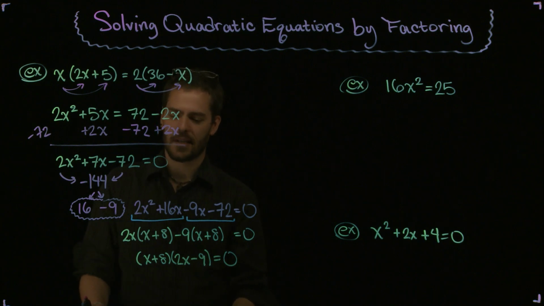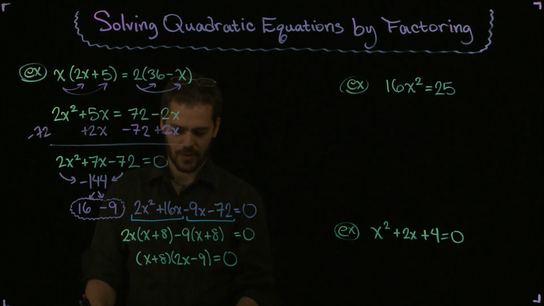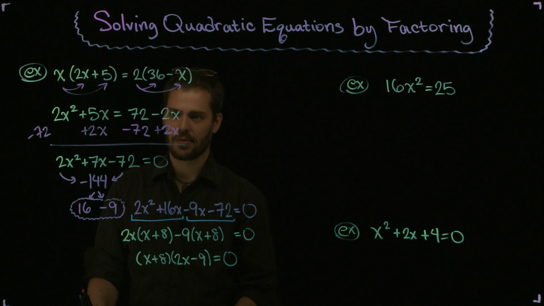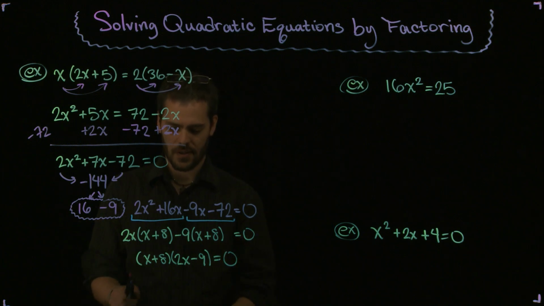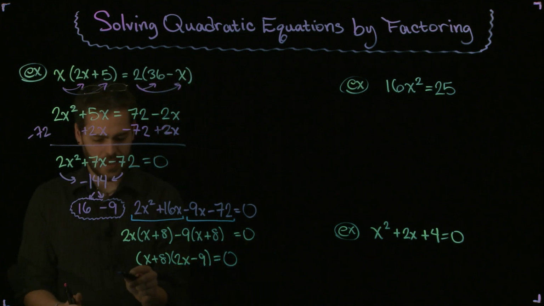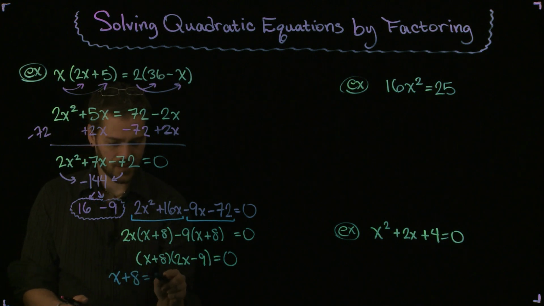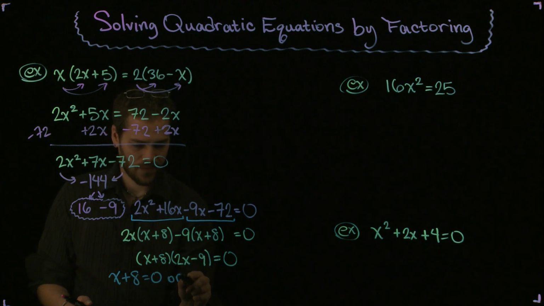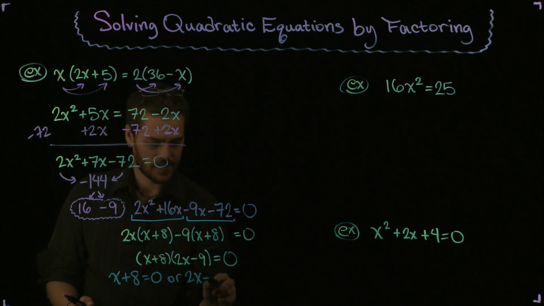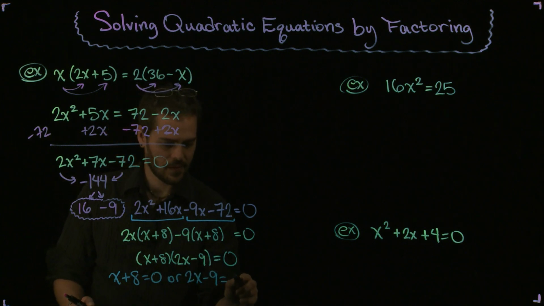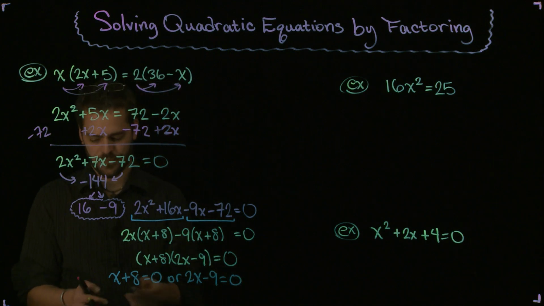Maybe these have specific names, but we're expanding the middle term, and then we're factoring by grouping. And here are indeed the two factors that I was hoping for to use the zero product principle to solve the equation. From here, I can say that x plus 8 is equal to 0, or 2x minus 9 is equal to 0.